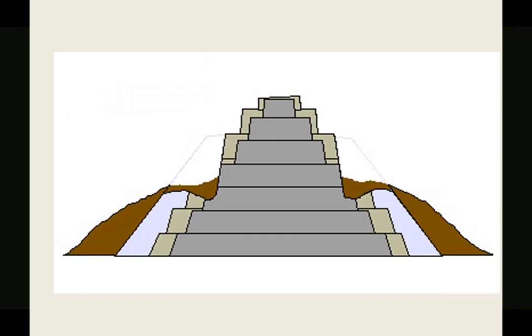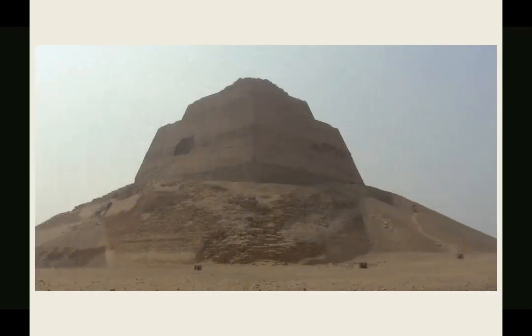A lot of books you'll read will say that this disappeared because of stone robbing, taking the stones, building other structures. Doesn't make sense to me. So this is what the Meydum Pyramid looks like now. And again, you can see that weak spot where everything gave way, crashed down.